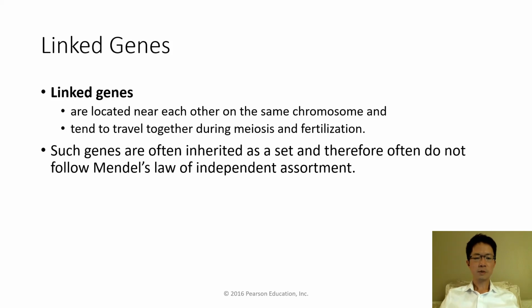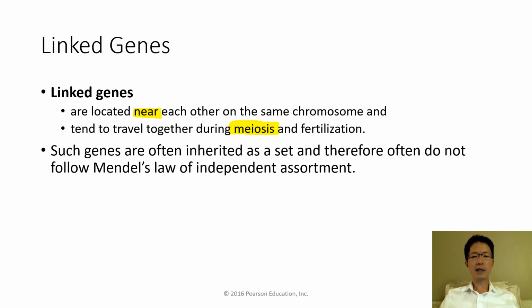So what is a linked gene? Basically, the genes are located very close to each other. The two loci are basically next to each other, so we call them linked genes. During meiosis, in prophase 1, we have crossover, or recombination.